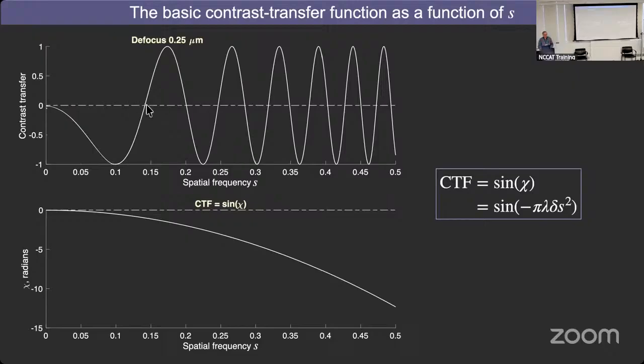The big problem is that there is no contrast here, no contrast there, and no contrast there, which means you're not getting any information. If you can squeeze and expand this function, then in another exposure with another amount of defocus, you can retrieve information that was missing from the first one.